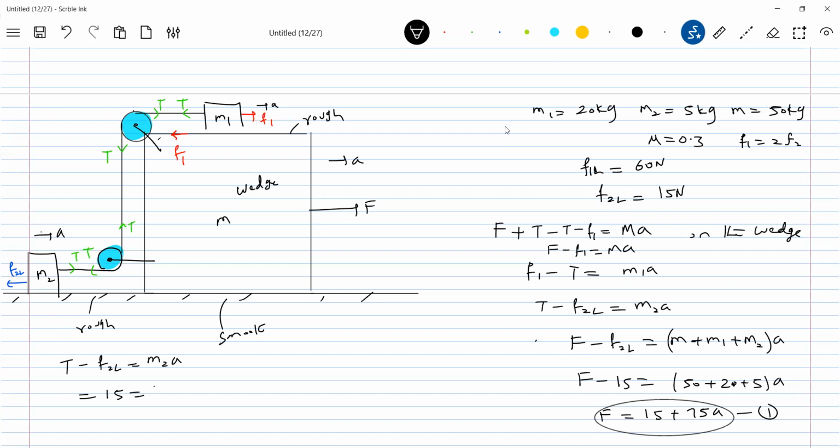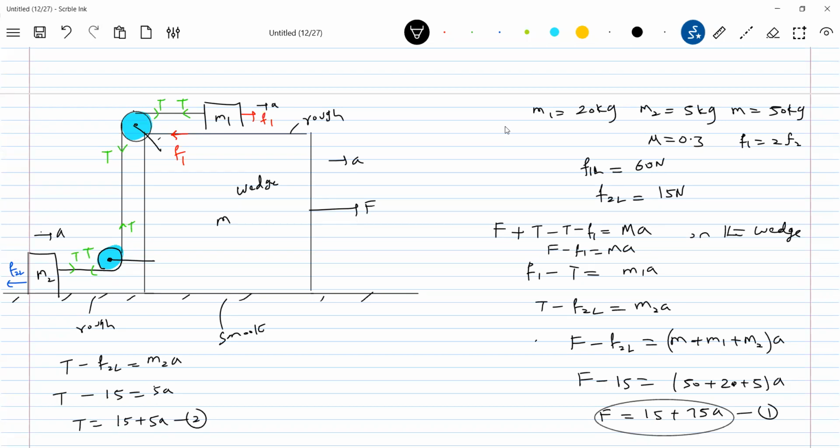M2 is 5. T is equal to 15 plus 5a. This value of T I'll substitute here.